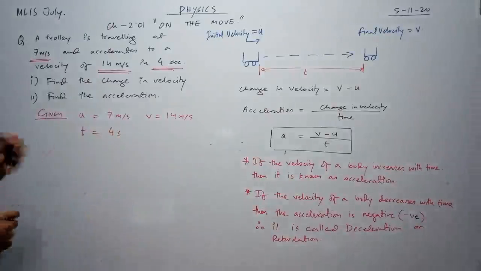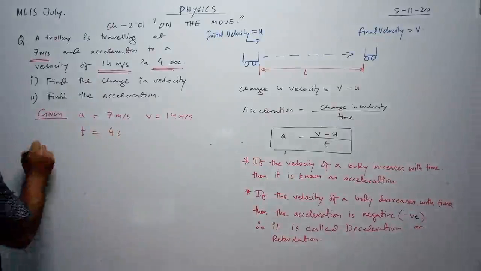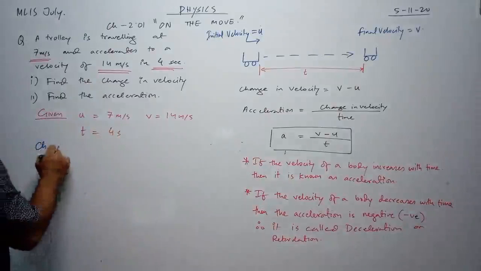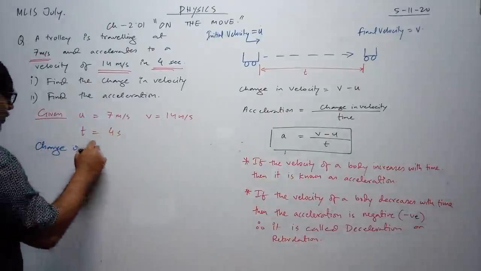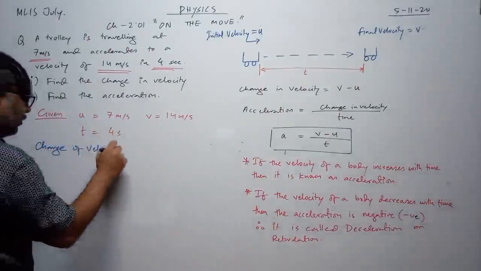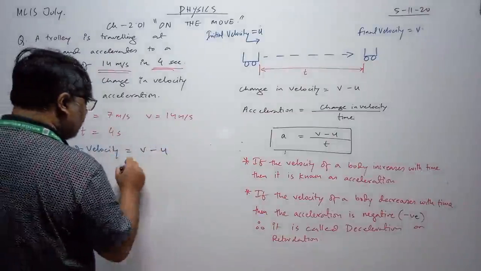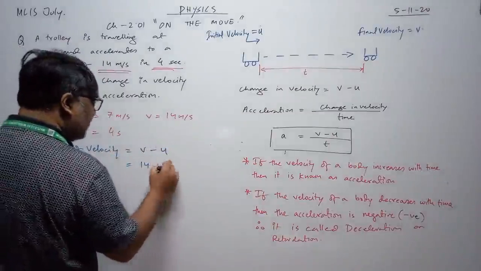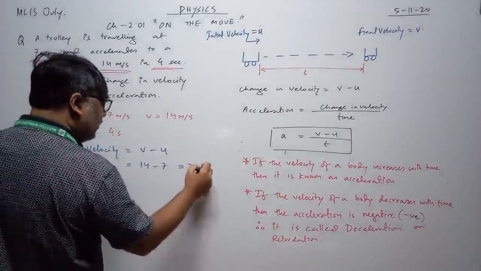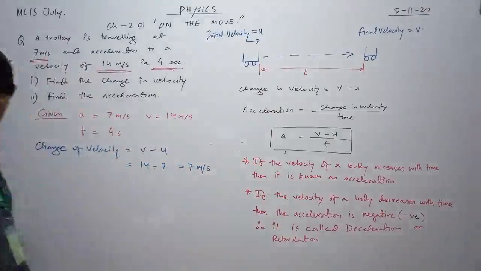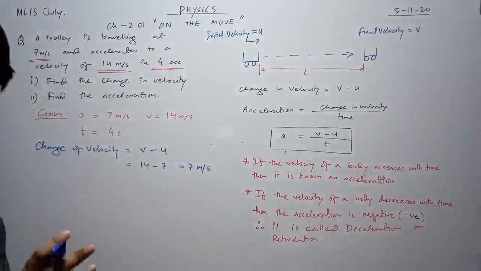So using this given information, change of velocity is v minus u, that is 14 minus 7, that's 7 meter per second. That is the change in velocity.